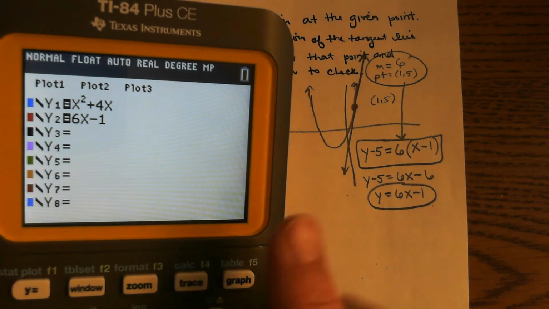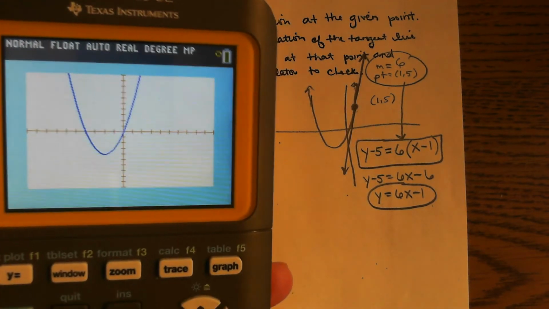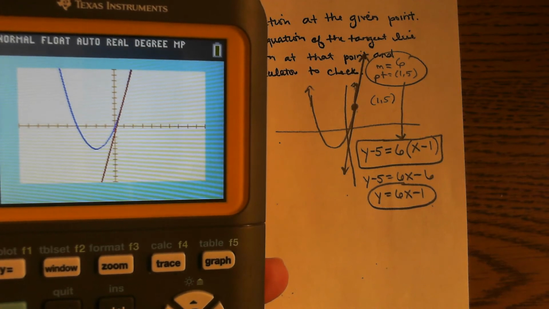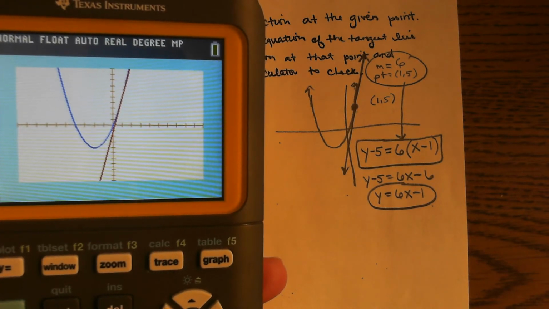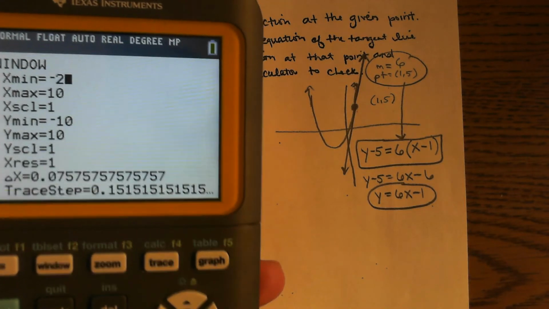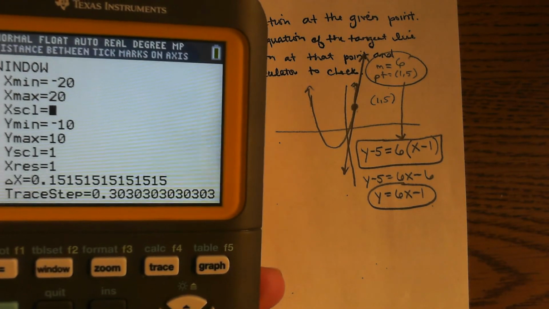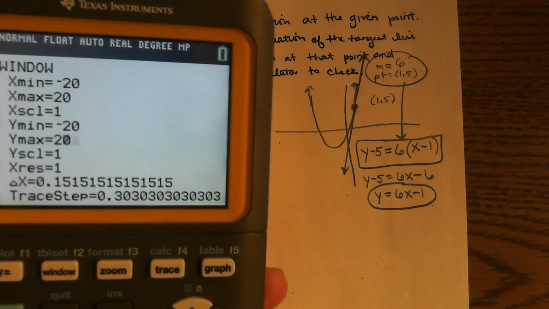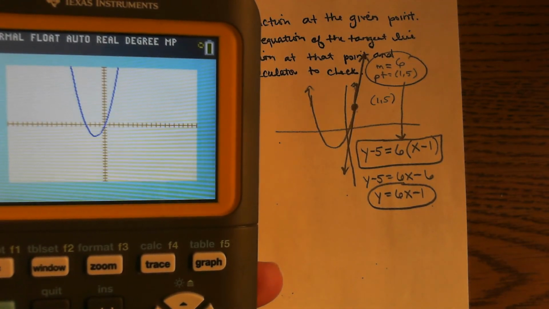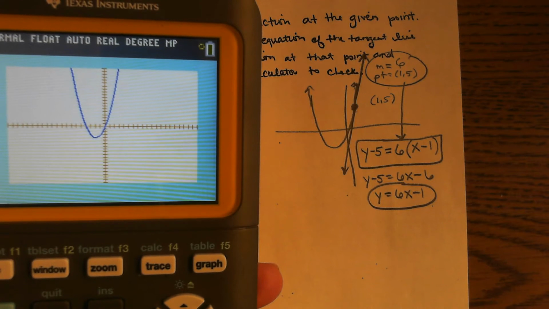If I now plug in what is supposed to be my tangent line, I'll see a tangent line come up. And it's hard to see it there, but if I were to zoom out a little bit and do like negative 20 to 20, it might be a little bit clearer that that red line skims the blue line at just that one location.